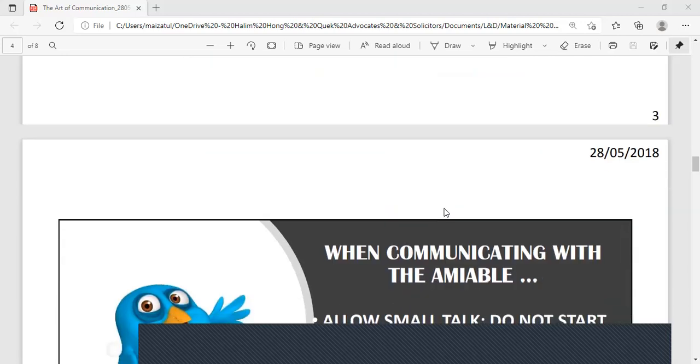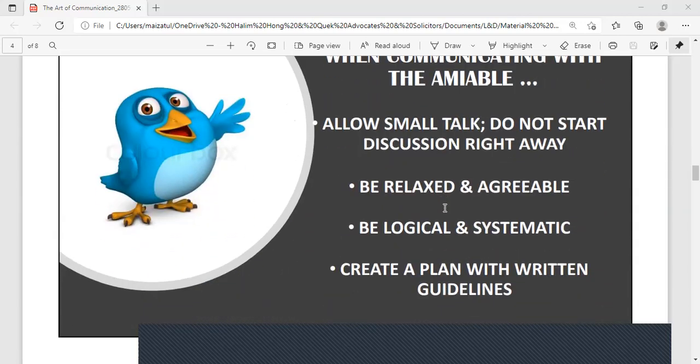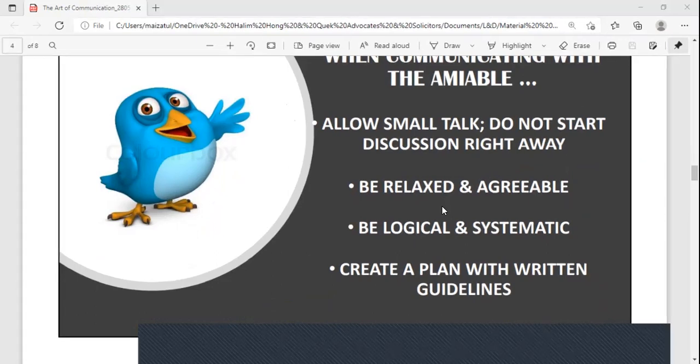Okay, so when communicating with them, you need to have small talk. Let's say your friend is an amiable person, so you go there, chat casually first, and then come back to your objective.